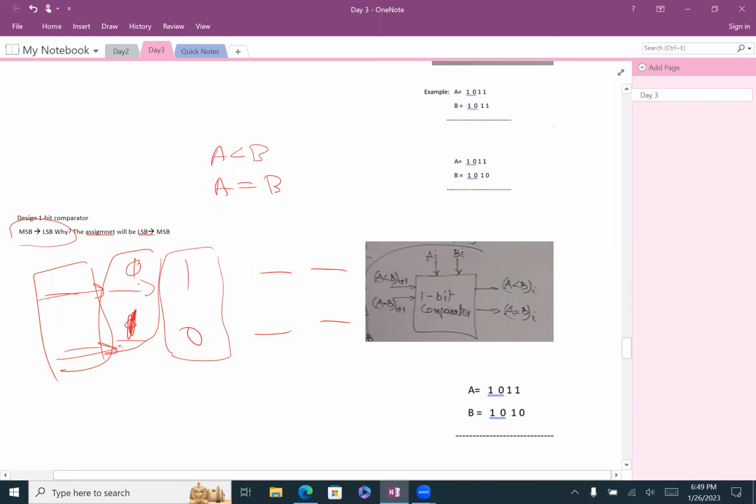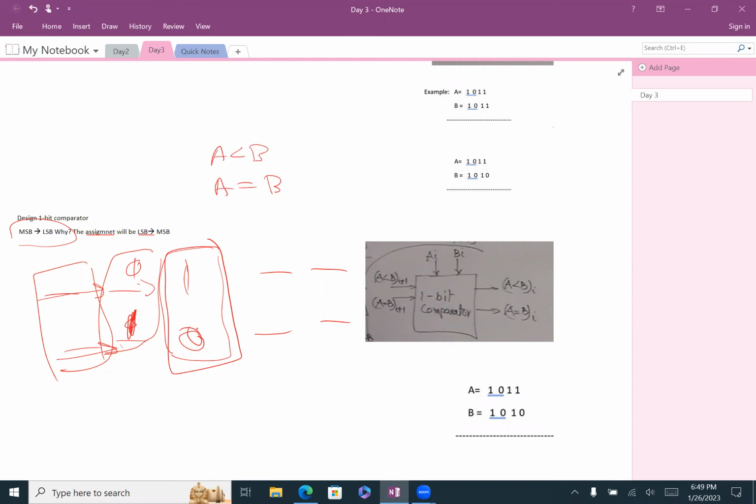But the point here is that at this stage, these two inputs will have an impact, and the signal coming from the most significant bit has an impact. If it's coming as A bigger than B, that means in my current stage I don't have to do anything.